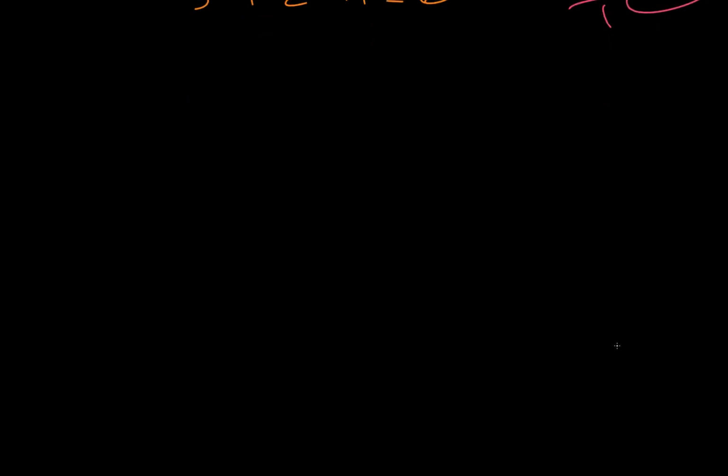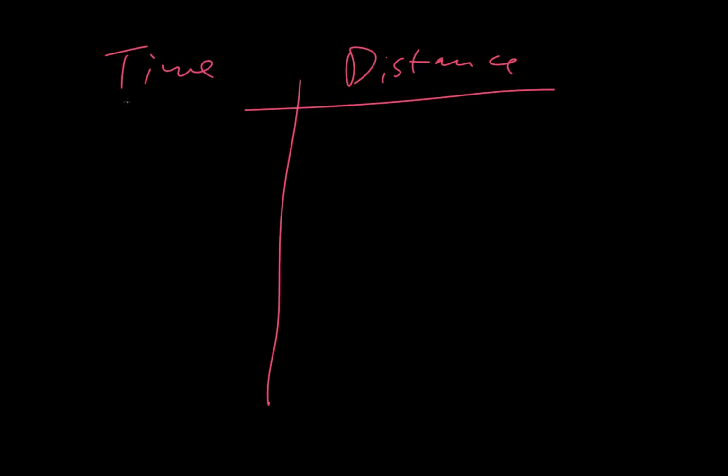I think the last thing we need to talk about is just if we have a table of values. So let's say we have some time values, and then we have, let's say distance. And let's say our time is in hours, and our distance is in miles.